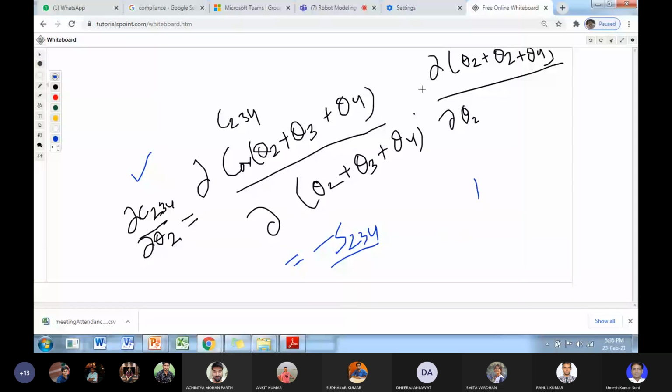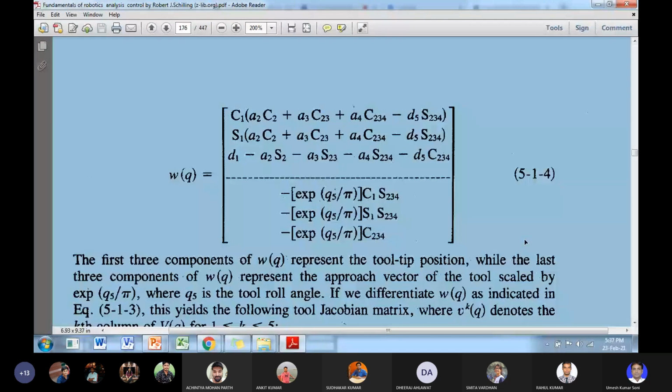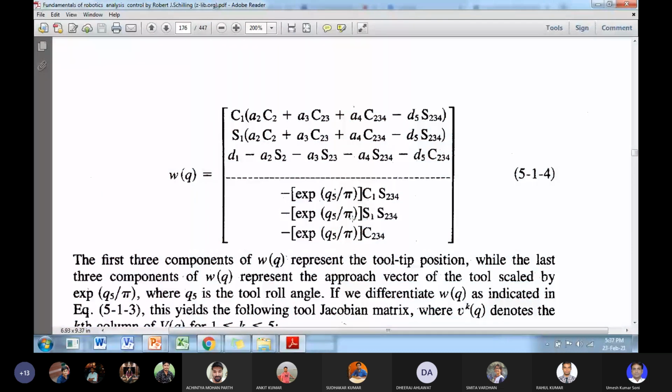In the same manner you can also calculate the partial differentiation with respect to theta 4, theta 3, or theta 5. When you take the partial derivative with respect to theta 5, you will also have to consider this term. So you have calculated for theta 4 or not?